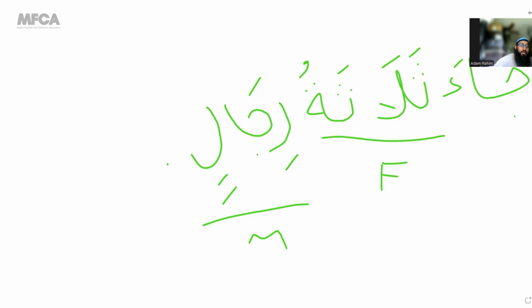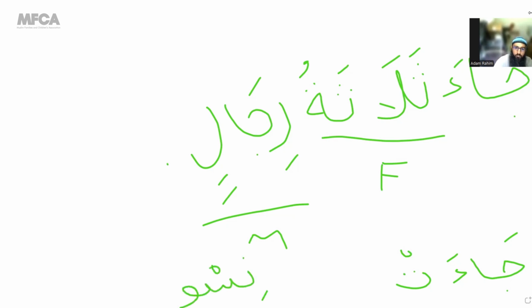Good. Keeping that in mind now, if I want to say جاءت, I'll have you guys fill in the blank on this one. I'll tell you the meaning. جاءت, I want you guys to tell me جاءت, 3 women.